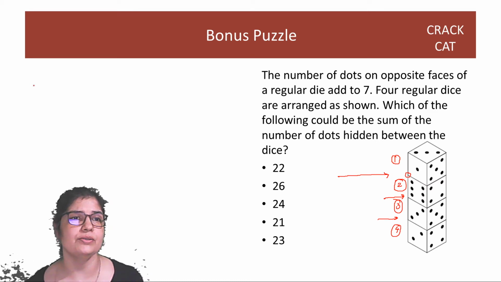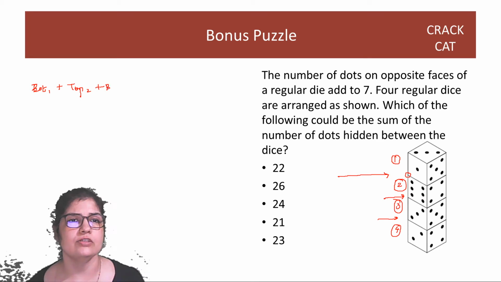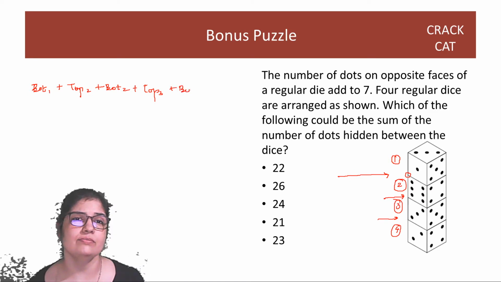So this is what you need to add up. Just for our clarity: bottom of the first plus top of the second plus bottom of the second, plus top of the third plus bottom of the third, and lastly the top of the fourth.